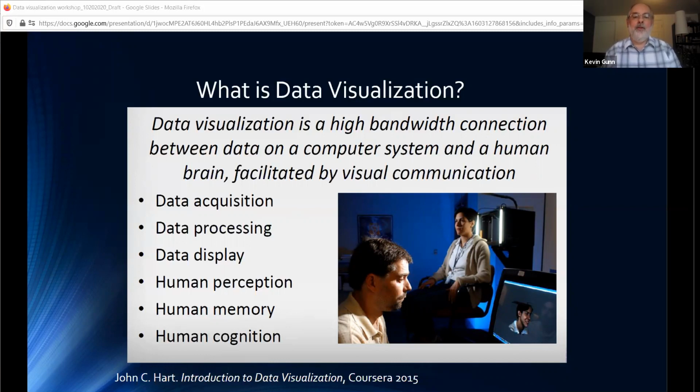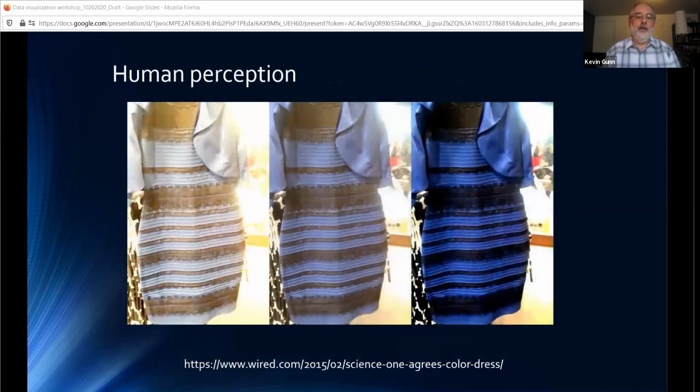So looking at a good example that came up a few years ago. Do you remember the dress? Is it gold? Is it blue? A lot of debate about that, right? Even though we're essentially looking at the same image. So human perception and psychology play a role in data visualization.